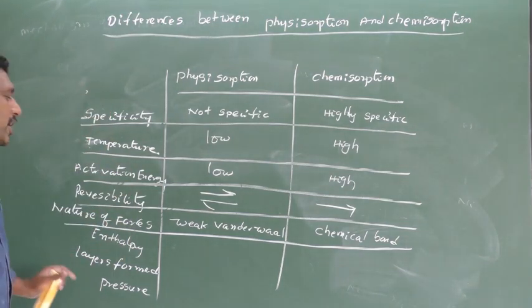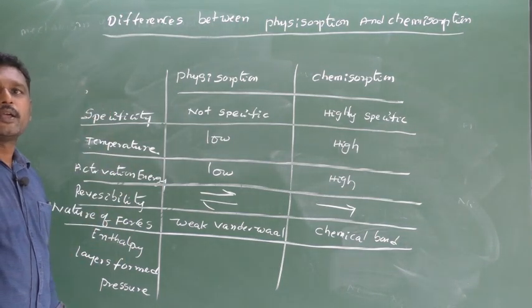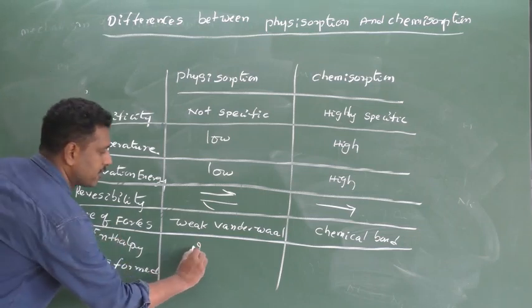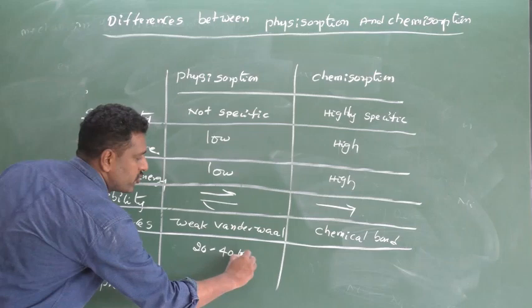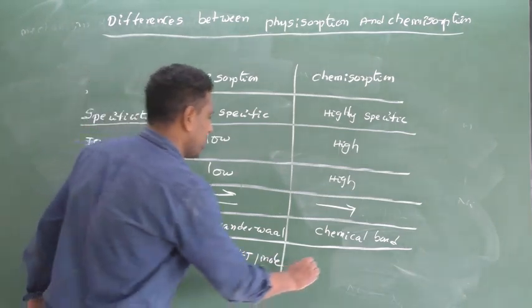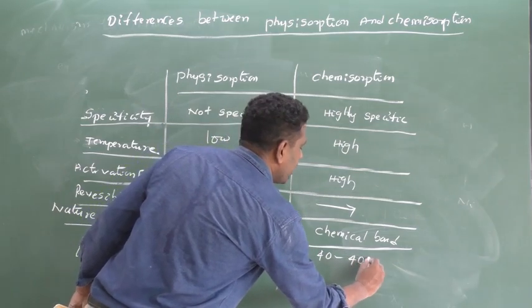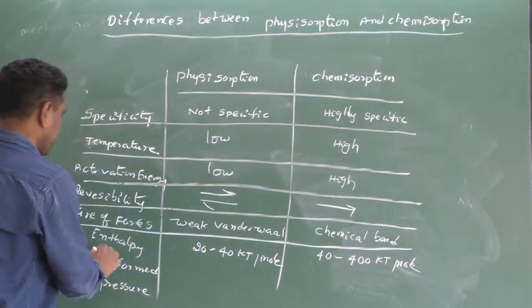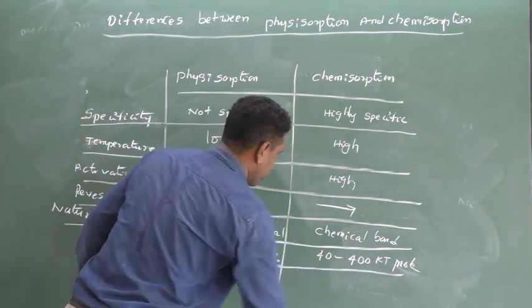Enthalpy. Here the enthalpy is very low, 20 to 40 kilojoule per mole. Here it is 40 to 400 kilojoule per mole.